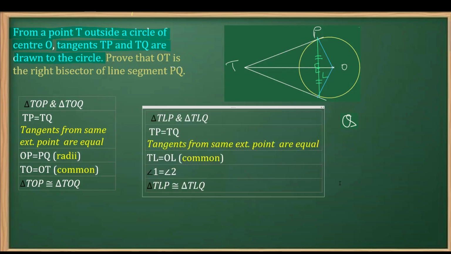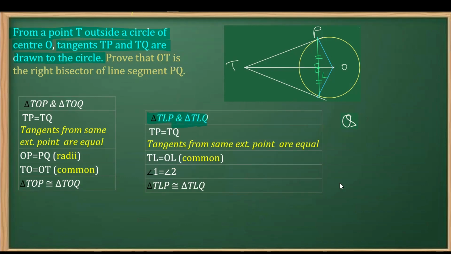The triangles considered are triangle TPL and TQL. So once you prove these two triangles congruent, we have this is equal to this and this being the common side, and these angles 1 is equal to angle 2 proved above. Now check here, once we prove these two triangles congruent, from CPCT what can we write?